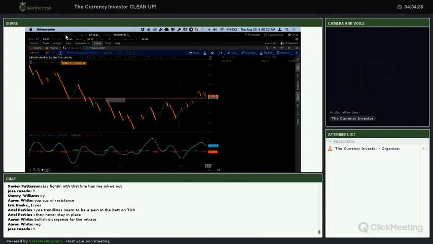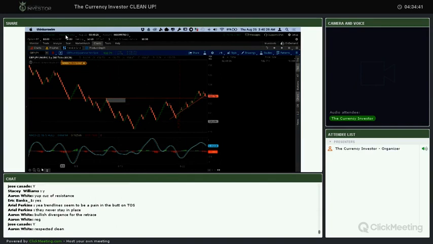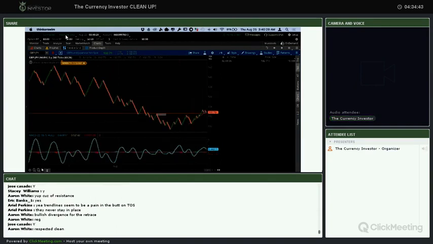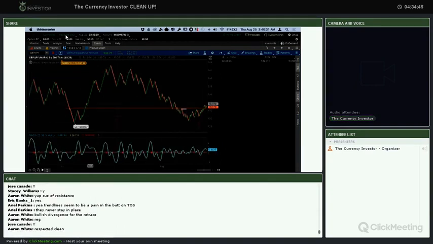So look, the price is now. And this is what price is having reaction to, this level.